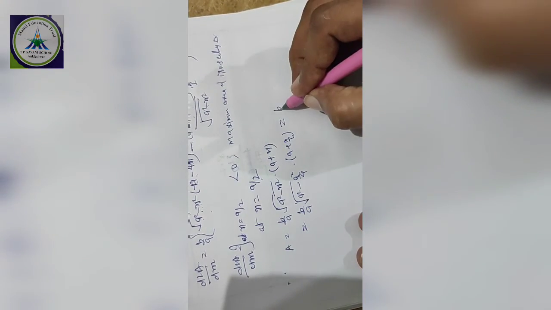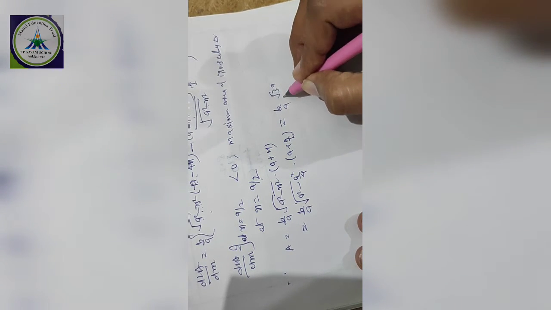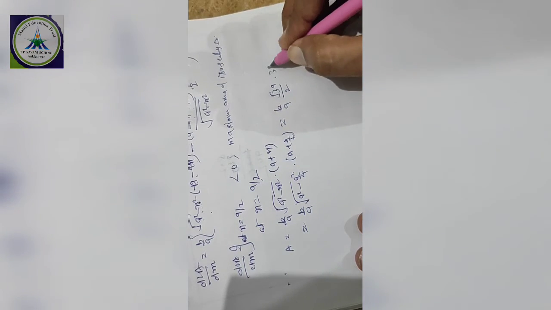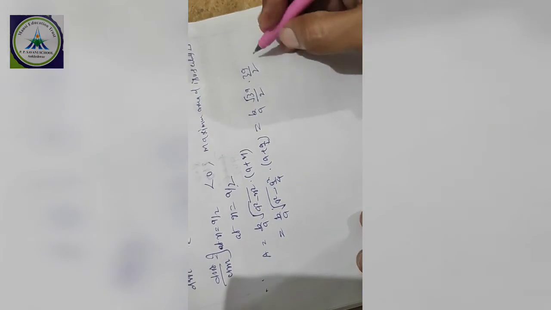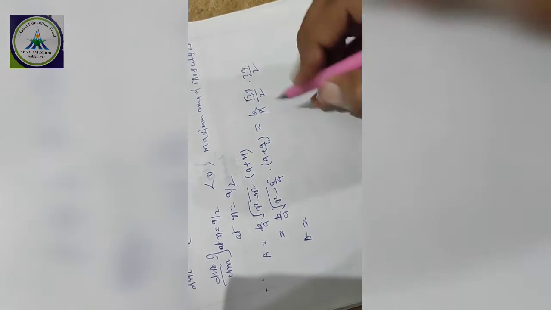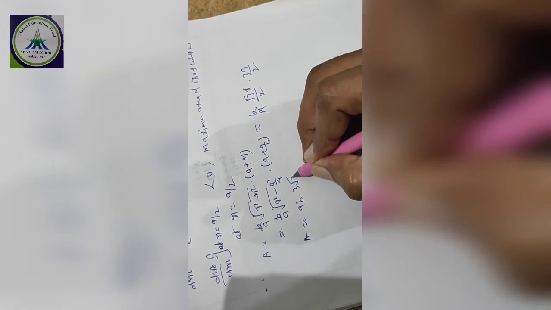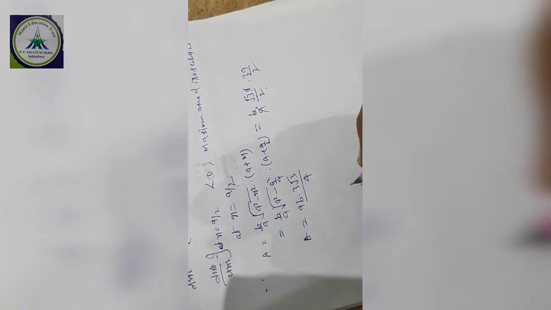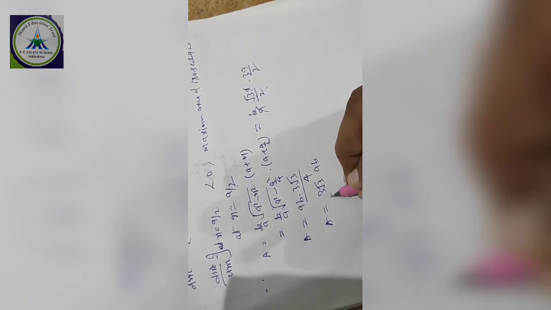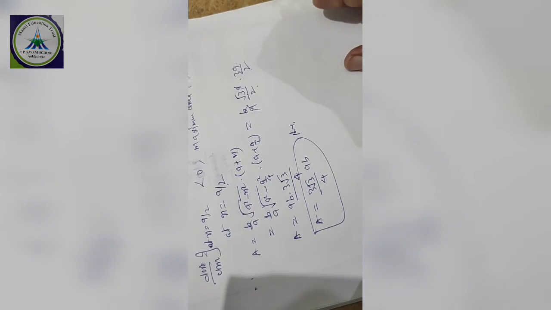This equals b upon a times root 3 a by 2 into 3a by 2, which gives 3 root 3 ab upon 4. So the answer is 3 root 3 ab upon 4. This is the answer.